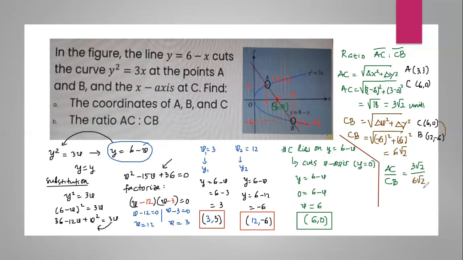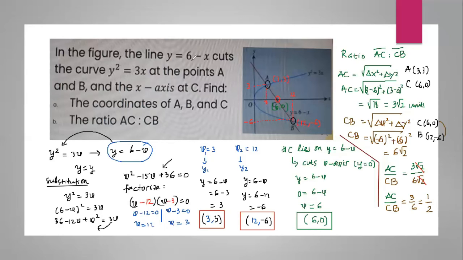We cancel the root of 2, so AC to CB equals 3 over 6, or 1 over 2.